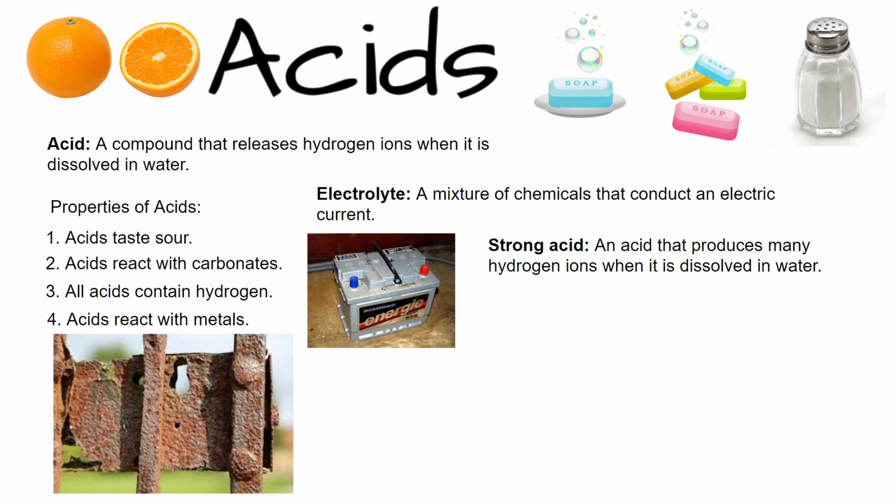The three most common acids used in industry are all strong acids: sulfuric acid, nitric acid, and hydrochloric acid. Hydrochloric acid is used in industrial and home cleaning agents. It is also the acid that our stomachs use to break apart foods for digestion. Sulfuric acid is used to make paints, plastics, detergents, and fertilizers.